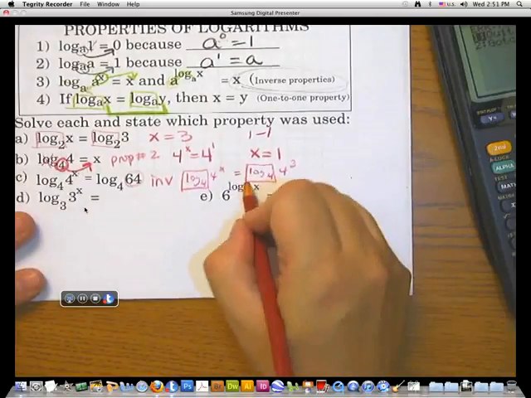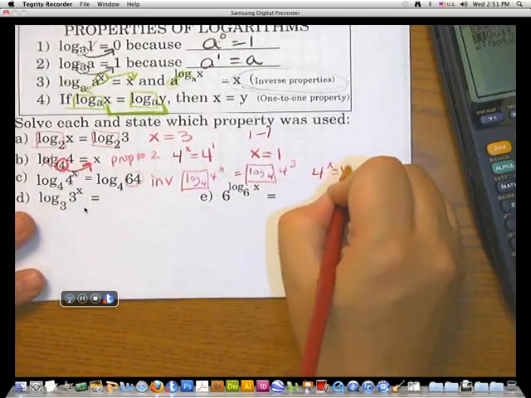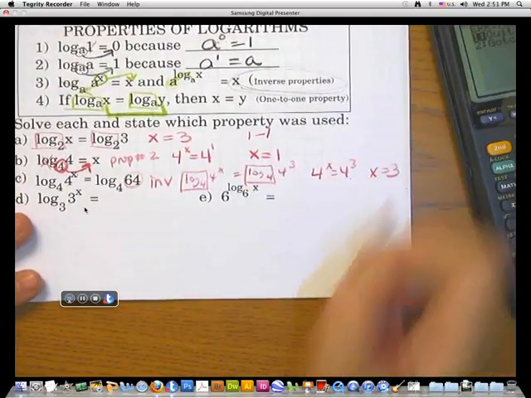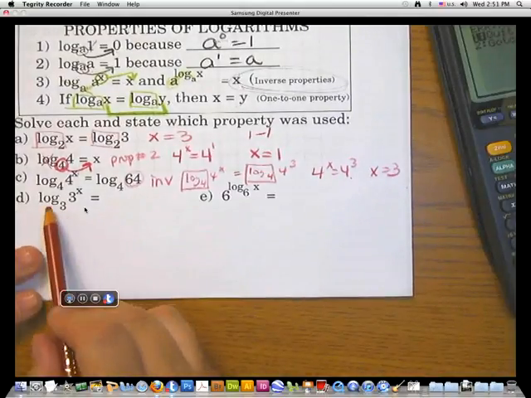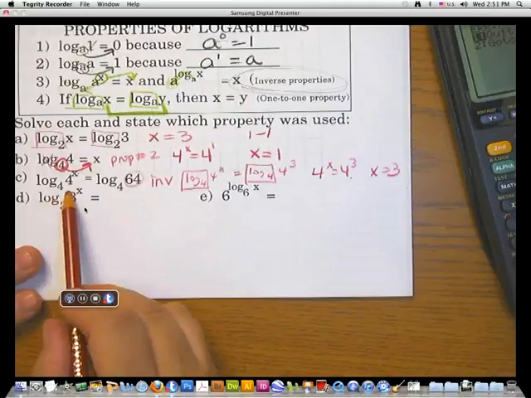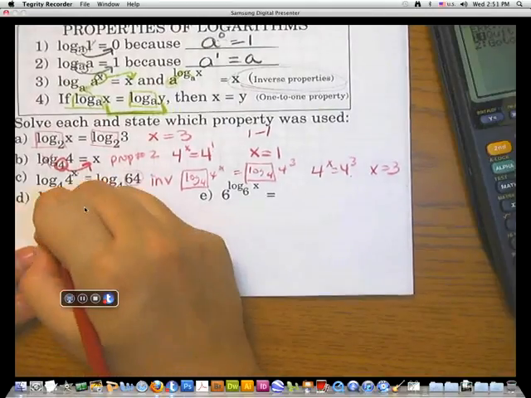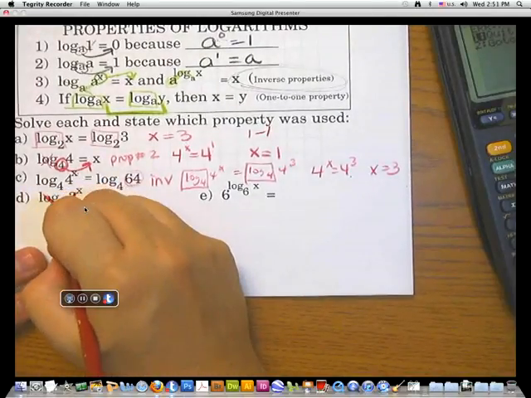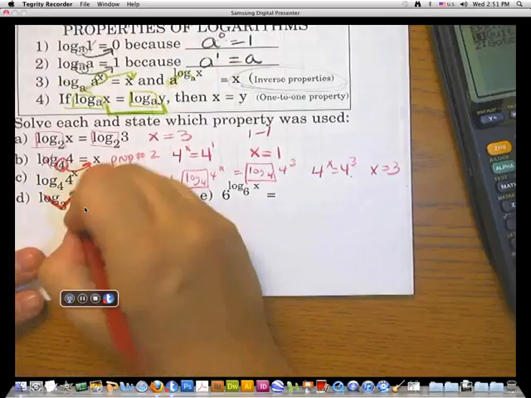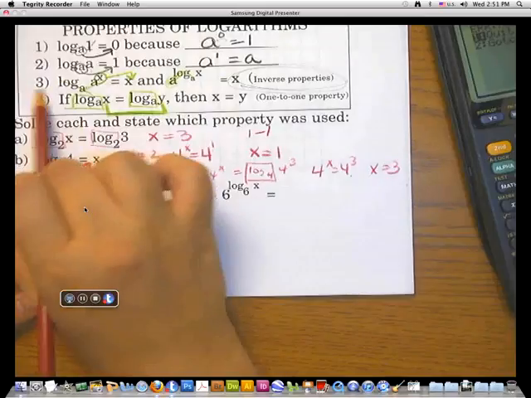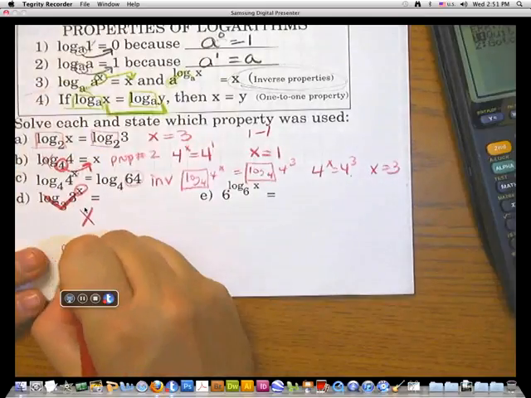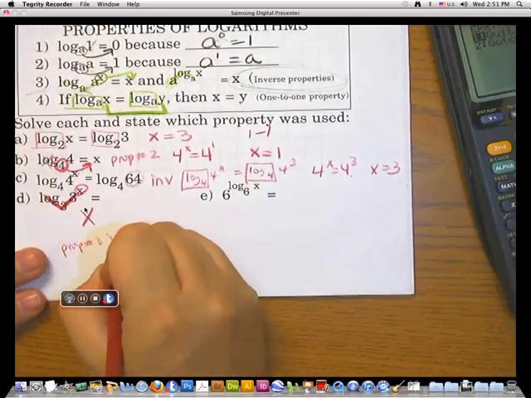So 4 to the x is 4 cubed, so x is 3. Log base 3 of 3 to the x equals x. If the base of the log and the base of the exponent are the same, it leaves the exponent. And that's from property number 3 up there, which is the inverse property.